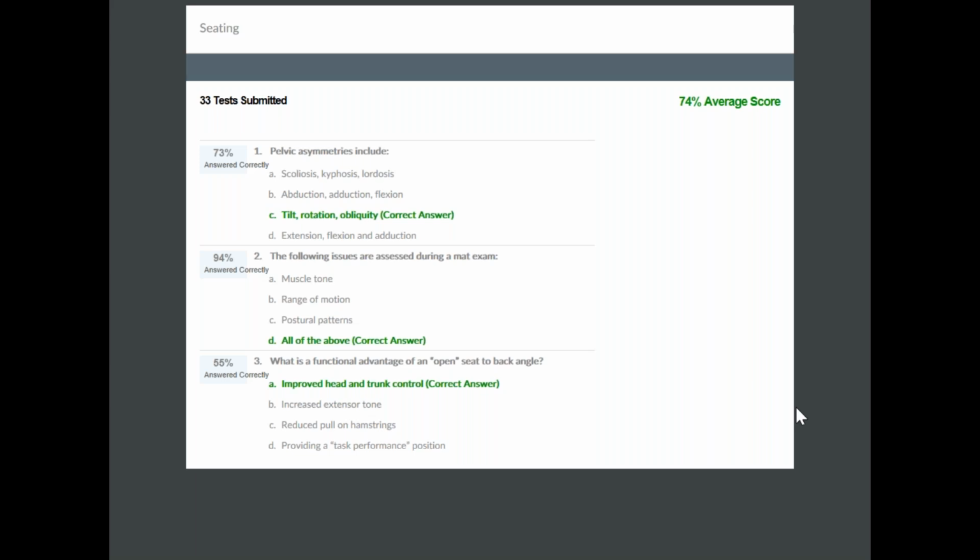Where are the best pictures of combining recline plus tilt? If you go to Permobil and look at their memory seat function, there's probably a video of that.